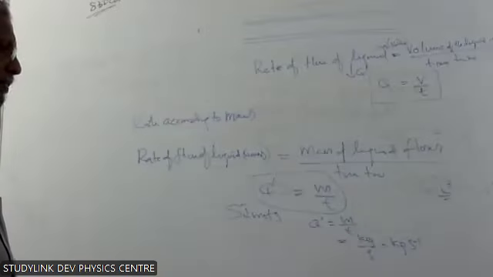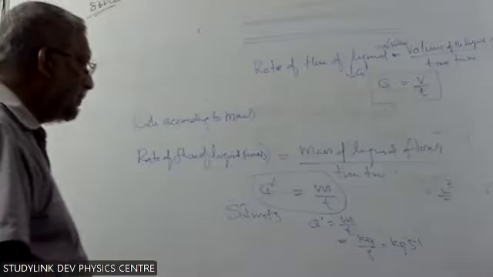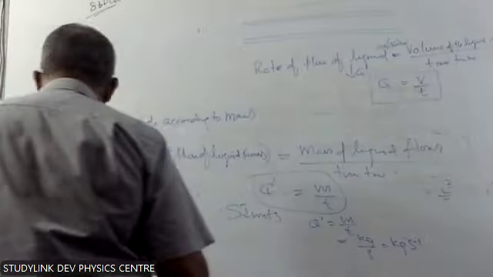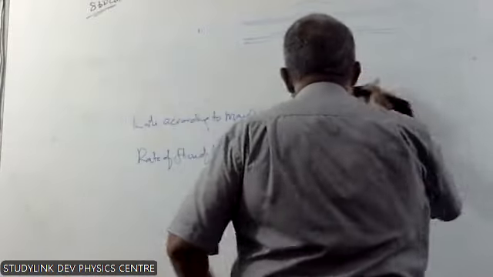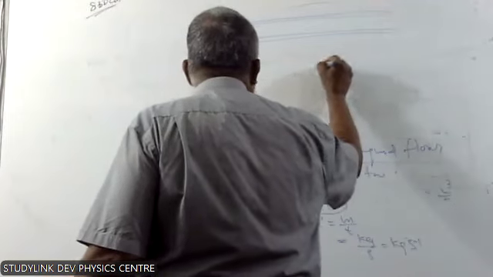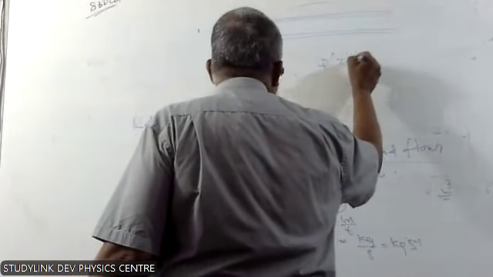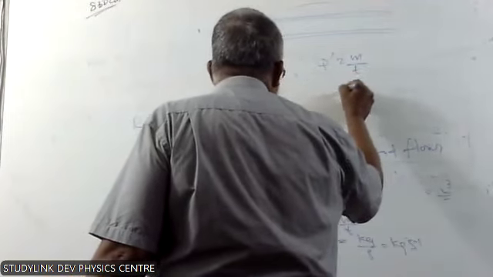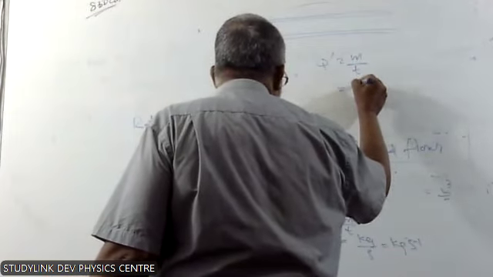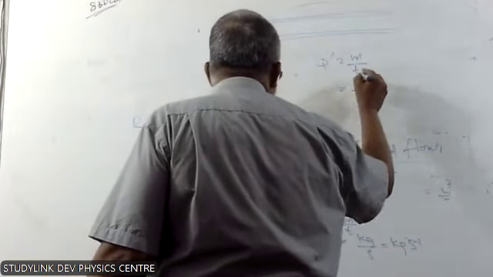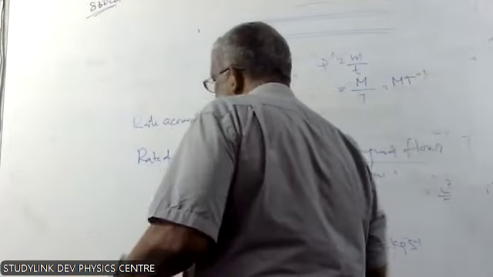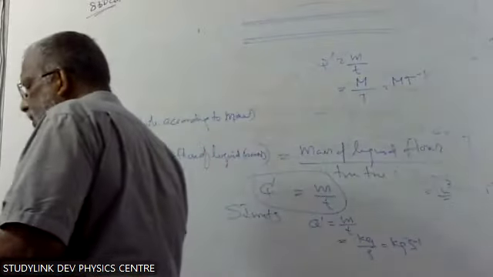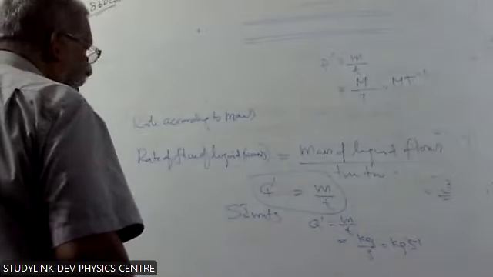Dimensions according to the mass: Q dash is equal to M over T, so M T to the power minus 1. But in the Poiseuille equation, this is not what we are considering.